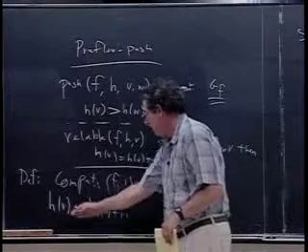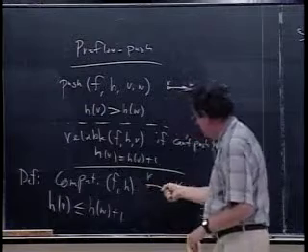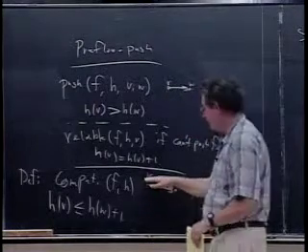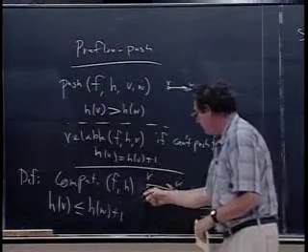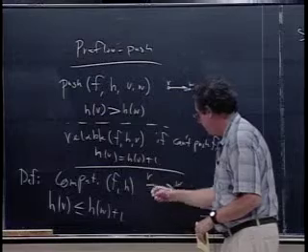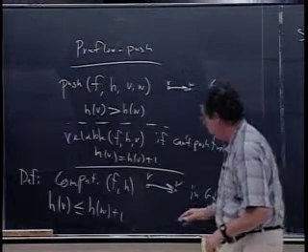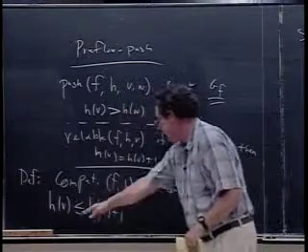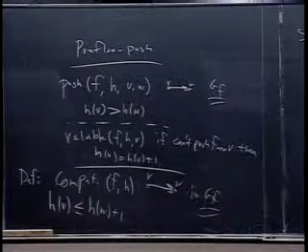If you have an edge from one node to another node in the residual graph, up here it was described as V and W, but they're just variables, you need that the h of the first one is less than or equal to the h of the second one plus 1.